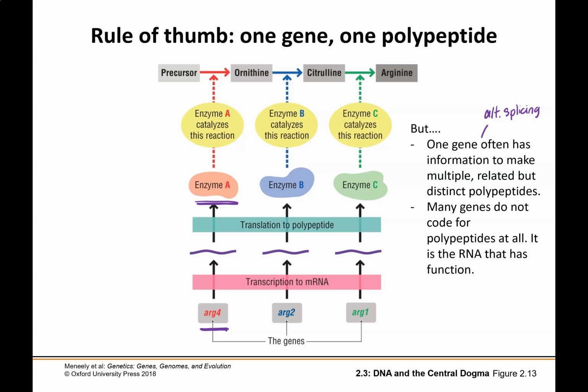Many genes do not code for polypeptides at all. In fact, they potentially code for those RNA molecules that have their own specific function. Only 5 to 10% of the human genome actually codes for messenger RNA.